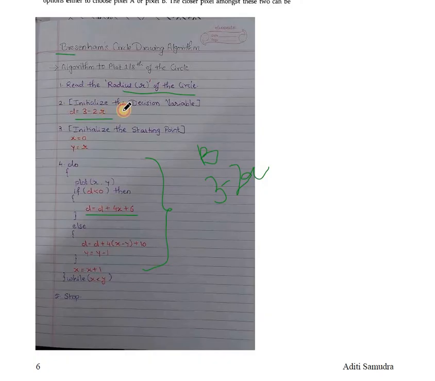These equations are something you need to very thoroughly remember. Then you do x is equal to x plus 1 in both the cases, and your stopping condition is x is less than y. As soon as y becomes equal to x, you stop. Till the point x is less than y, you continue performing the algorithm.